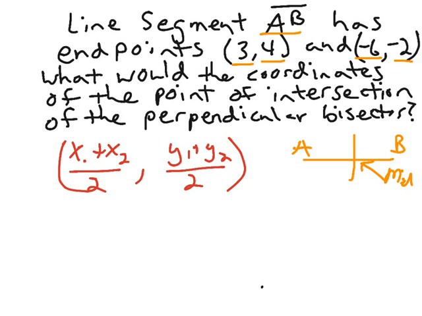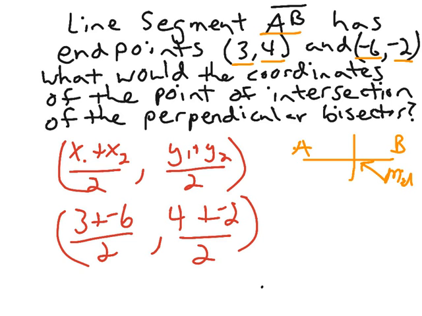So you're going to take the midpoint formula and apply it: add the x coordinates together and divide by 2, and add the y coordinates together and divide by 2. 3 plus -6 divided by 2 ends up being -3/2, and 4 plus -2 divided by 2 ends up being 1.